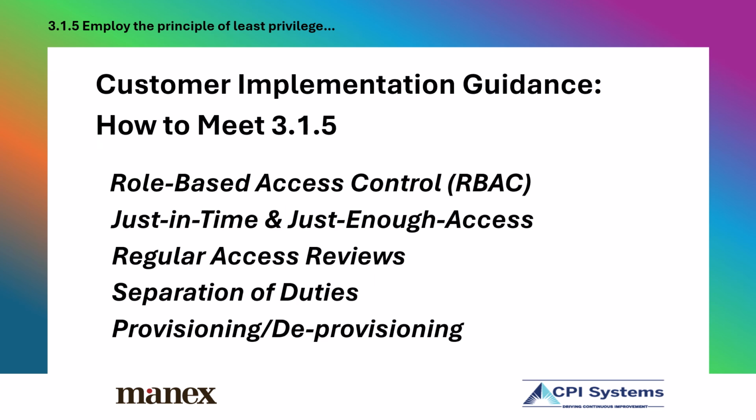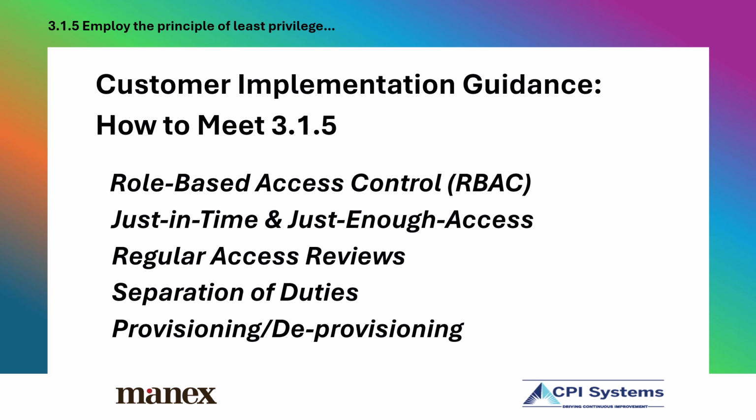Implementing requirement 3.1.5, least privilege, in your Microsoft GCC environment involves several best practices. 1. Role-based access control. As an organization, you need to map users to roles based on their job functions. Use Azure AD or Entra ID security groups or Microsoft Teams with tightly scoped permissions. 2.